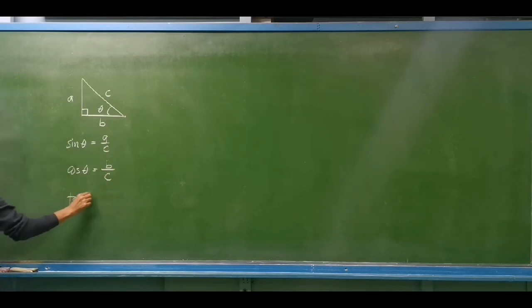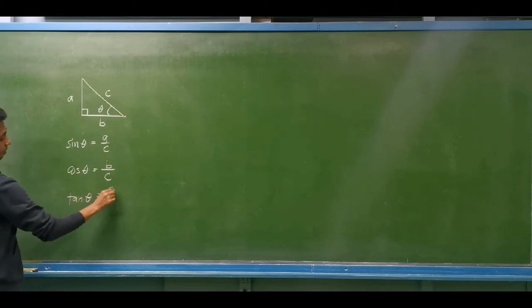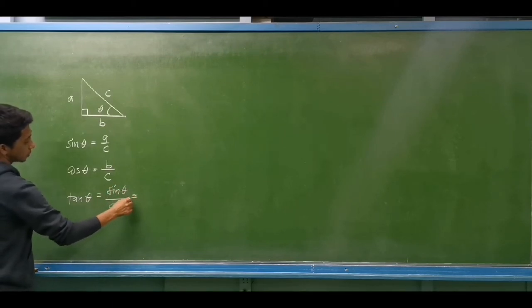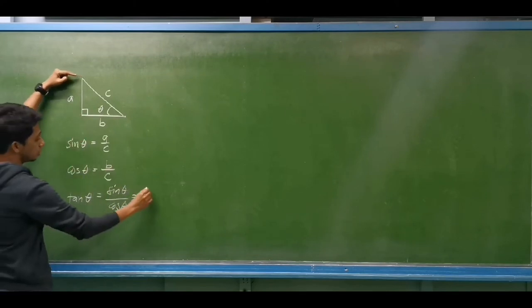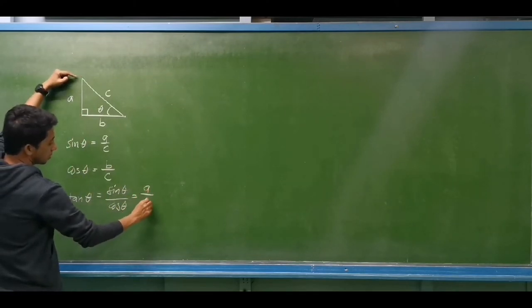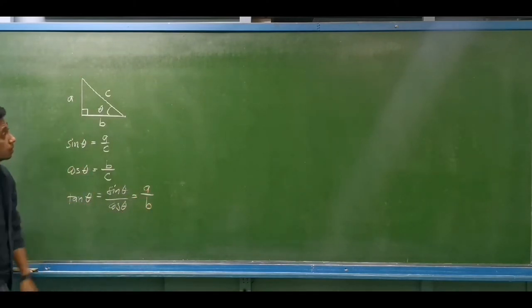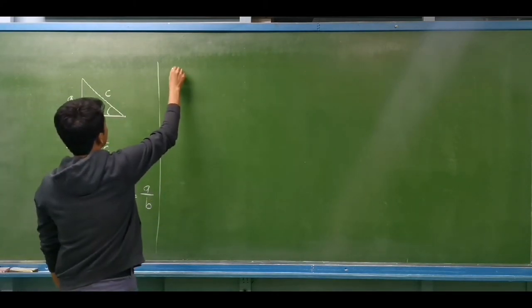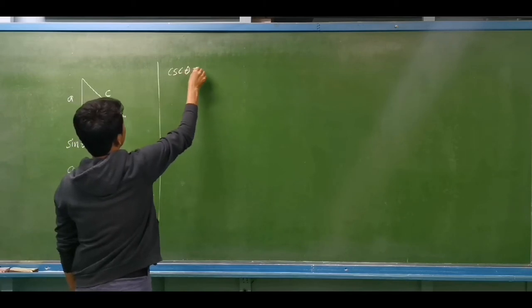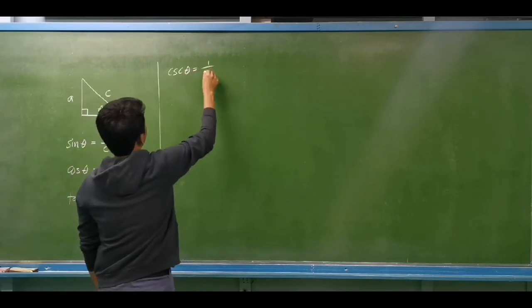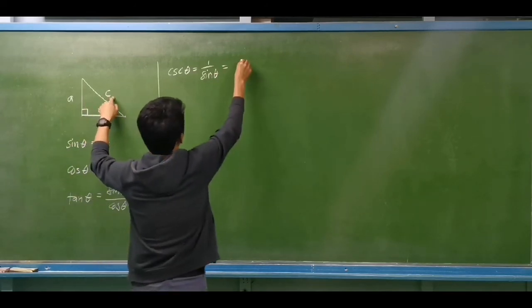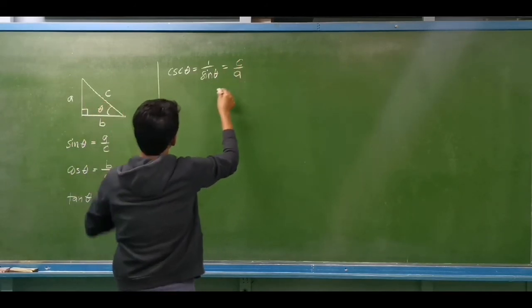And we have the tangent of theta is the same as the sine of theta divided by cosine of theta, or the same as opposite side A divided by the adjacent side B. Then we have the other 3. We have cosecant of theta is the same as 1 over sine of theta. Pareho lang yun sa hypotenuse divided by opposite side.